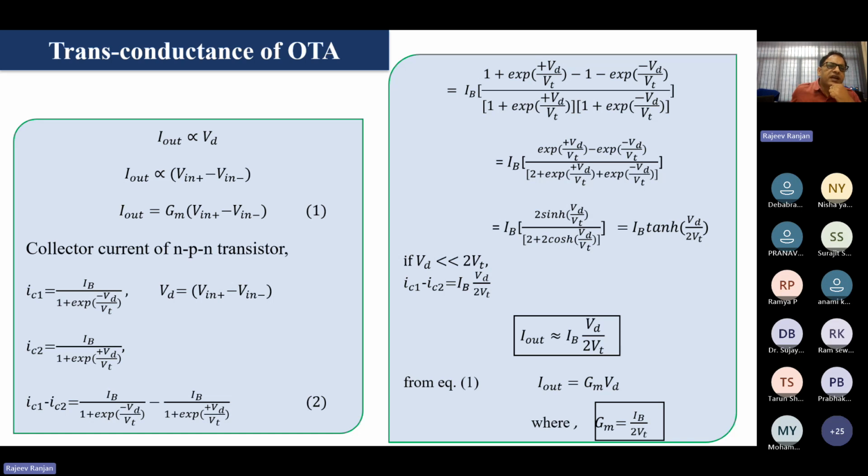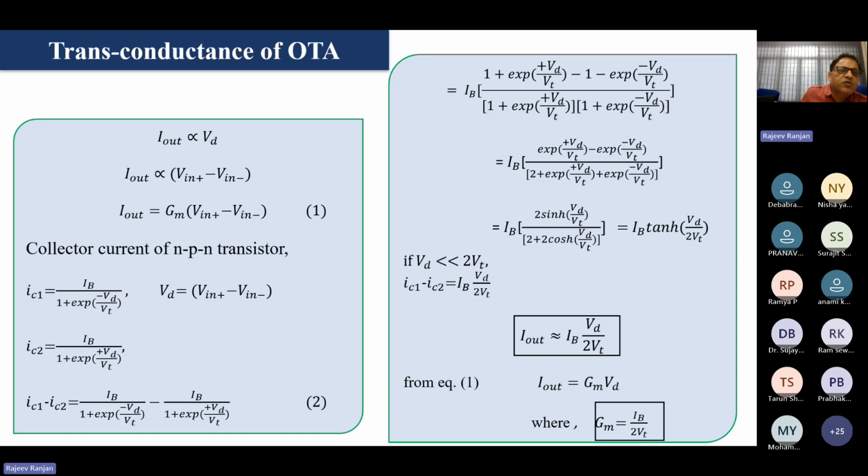Then we are talking about a BJT based transistor. So for the collector current of the NPN transistor, we know that IC1 equal to IB upon 1 plus exponential of VD upon VT, and VD equal to V in plus minus V in minus.